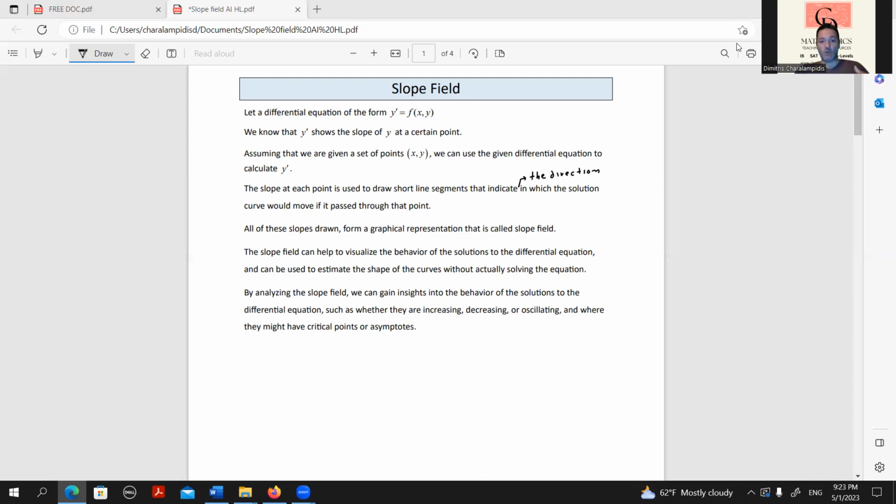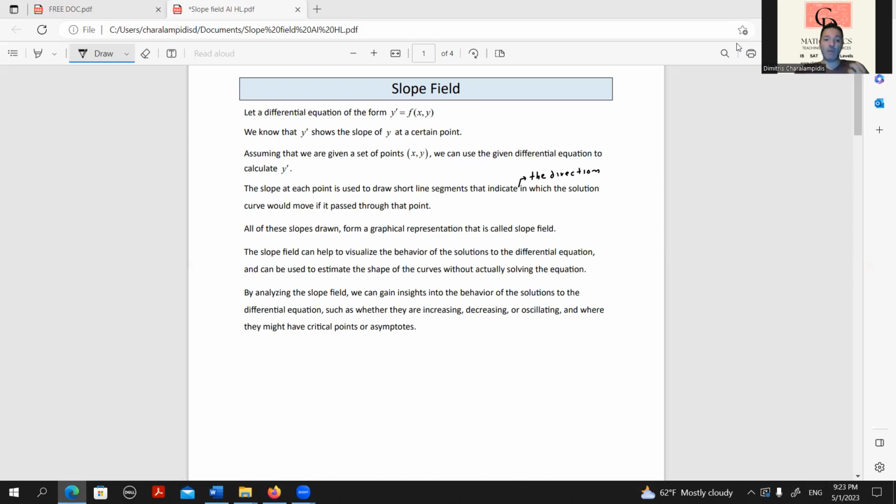All of these slopes drawn for each one of these given points form a graphical representation that is what we call a slope field.